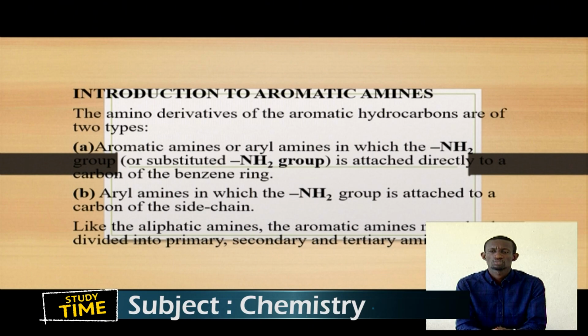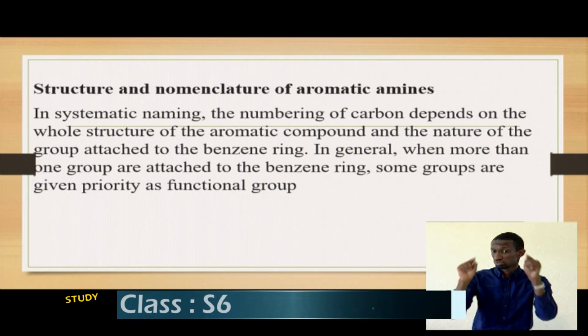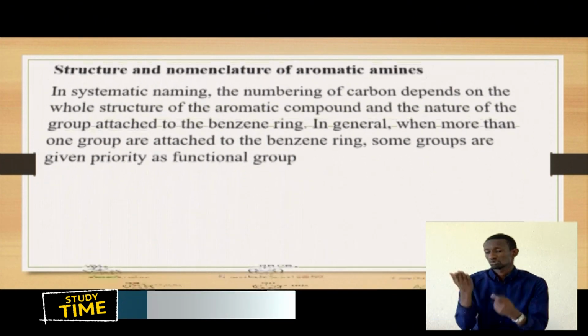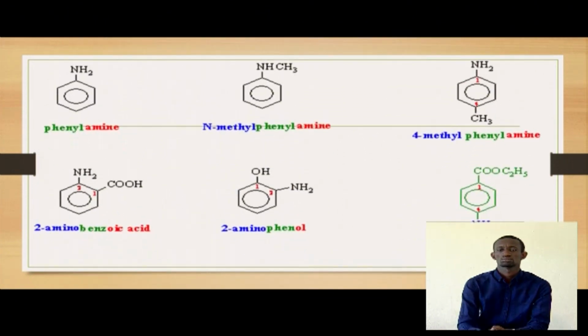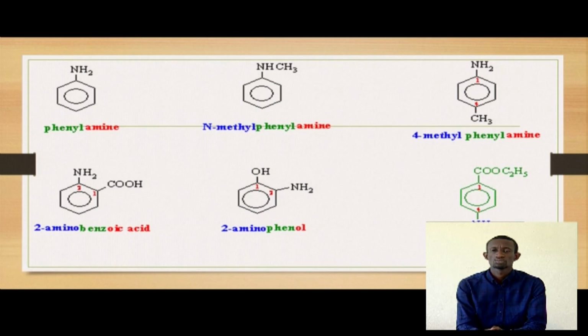So let us look at the structure and the nomenclature of these compounds, or some of these amines as we may look at. So let's take an example of those compounds. We have the first one over there.